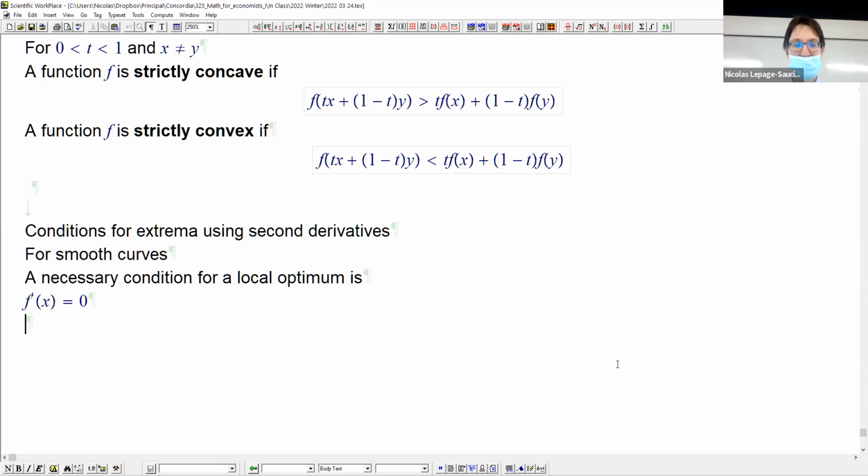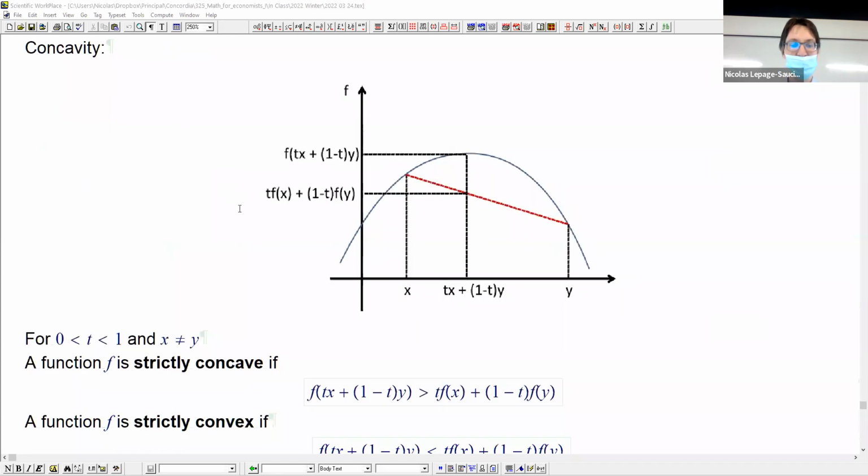And now we have different sufficient conditions. So sufficient condition for a maximum. What is the t? T is some value between 0 and 1.